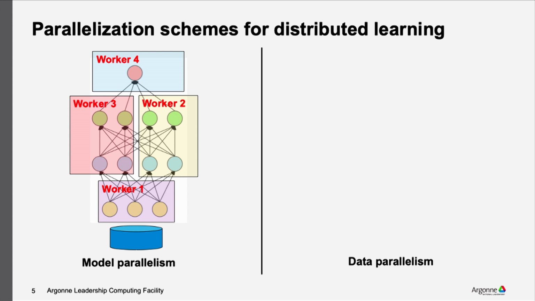You can think that it's conceptually simple, but in practice it's complicated because we have very complicated neural nets, and how to divide this neural net into chunks so that each worker can deal with its part in a balanced way.